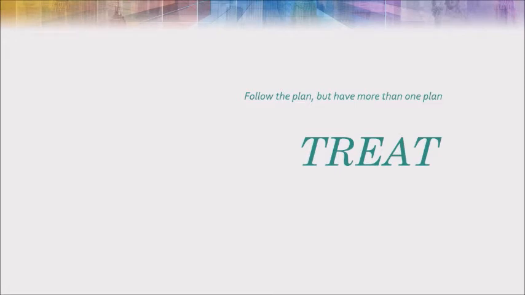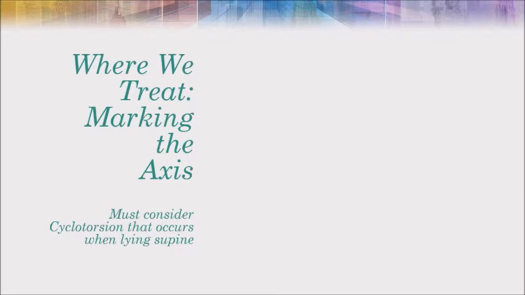So when we treat, we have to have a defined plan going into the OR, but it's always useful to have more than one plan in case something backfires, because anything can happen. So first, when we're treating, we're deciding where we treat, and we have to mark that axis that we're going to treat on. We have to consider that there's potentially some cyclotorsion when the patient goes into the supine position.